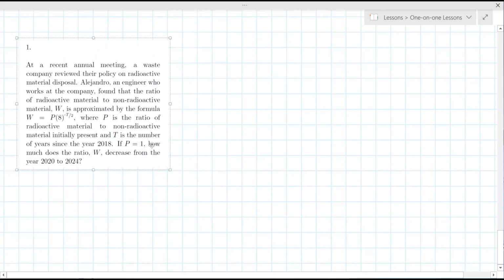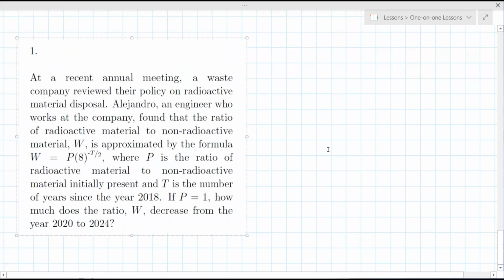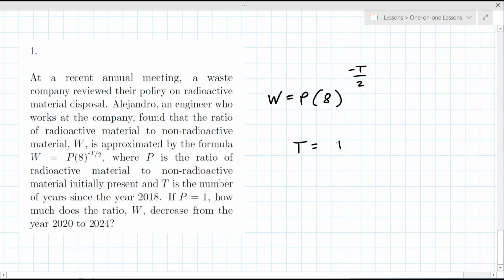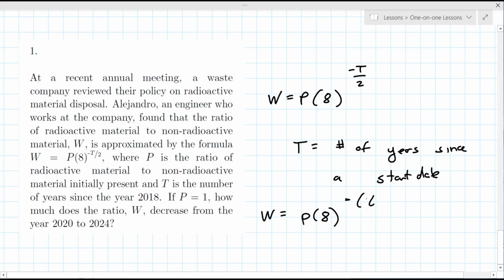The equation is W equals P times 8 to the minus T over 2. But T is really the number of years since a start date. So we can change this to minus T minus 2018, with a 1/2 out in front.